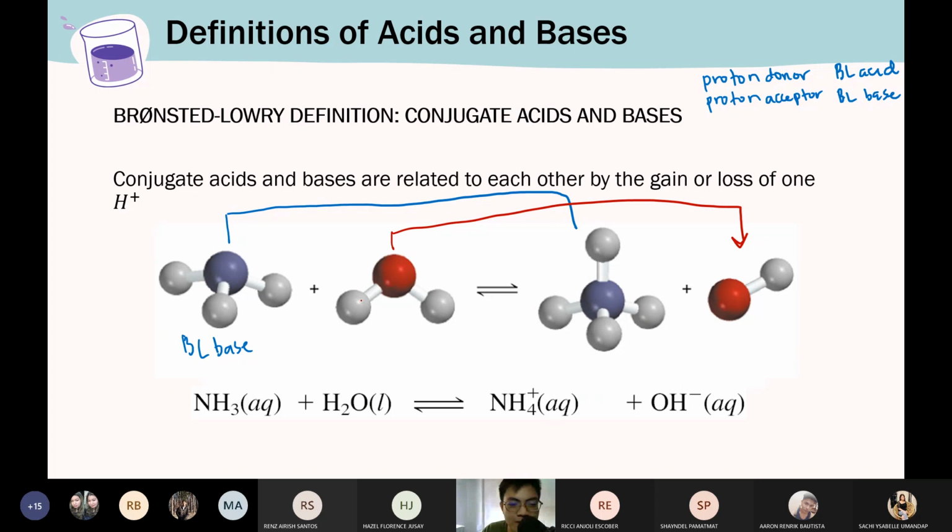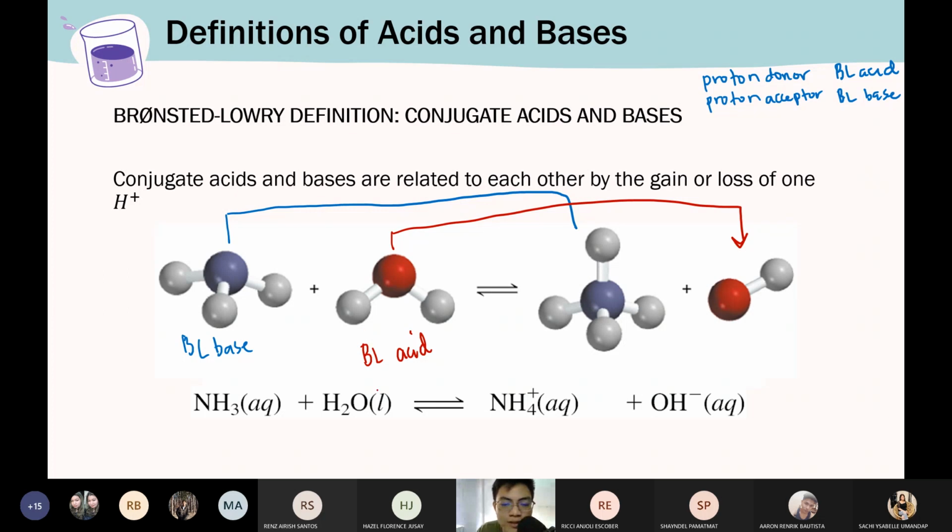Kung ito ay base, ito ay base din ba? Ano si water? Acid. Okay? Hindi pwede parehas base, ha? Okay. Walang mangyayari doon pag parehas base. So, kailangan yung isa acid, yung isa base.